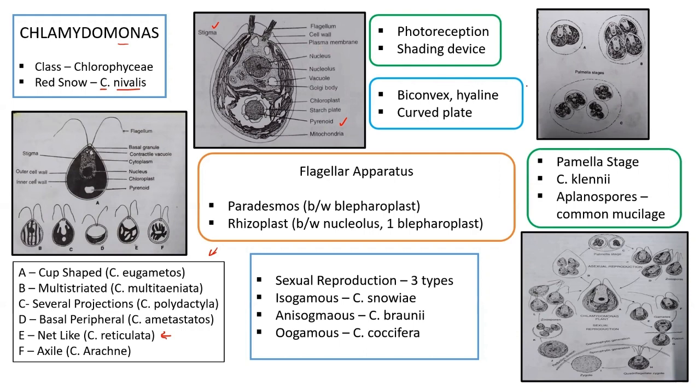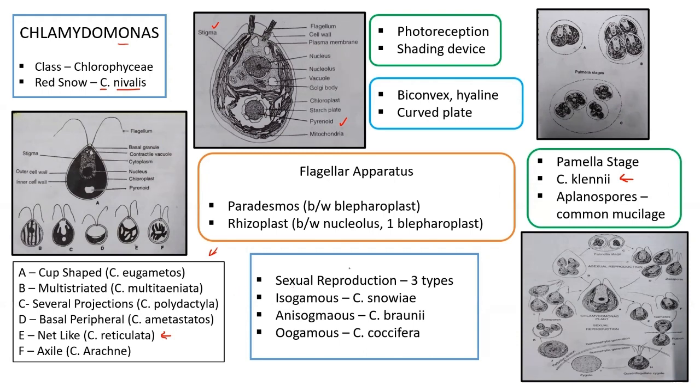Palmella stage is observed in Chlamydomonas, and aplanospores are found in a common mucilaginous sheath. Then, talking about sexual reproduction, all the three kinds of sexual reproduction is observed. That is isogamous, anisogamous, and oogamous. The different species of Chlamydomonas that shows up these three kinds of reproduction is already mentioned, that you should know.